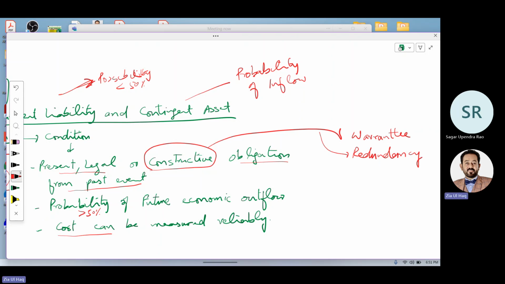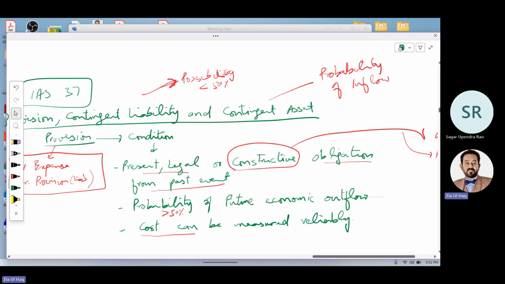So if you have decided to make the staff redundant, there will be some redundancy payment in the future. If there are chances of future payments, there should be a liability. This will be called a provision in the financial statement. Warranty, redundancy, non-compliance with law and regulation: there should be a provision in the financial statements per IAS 37.